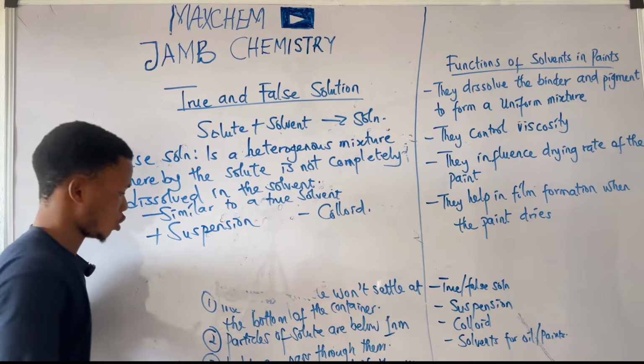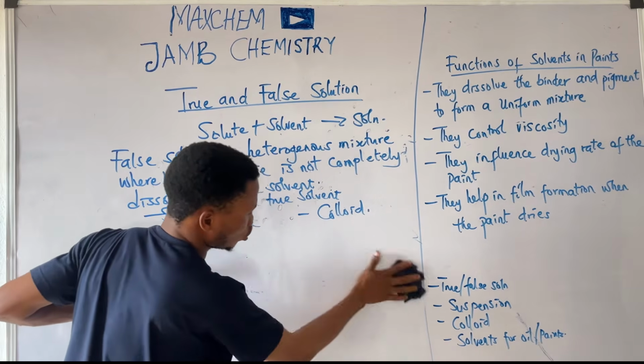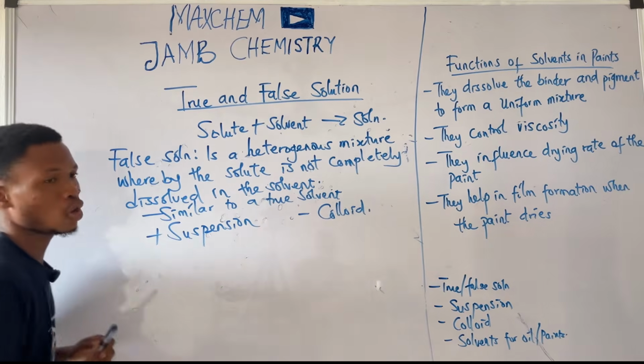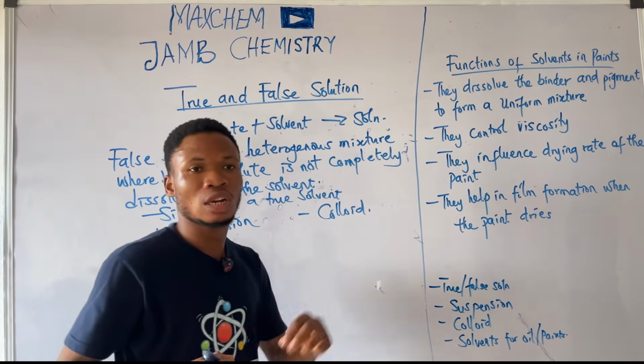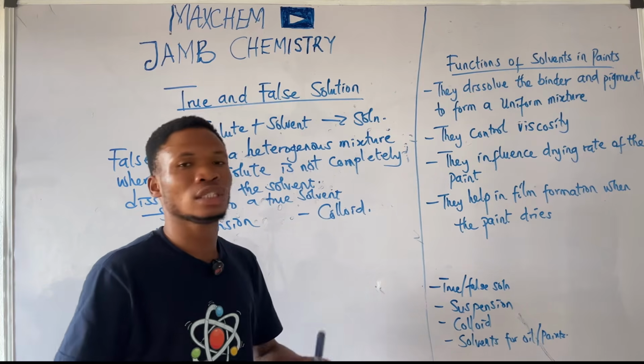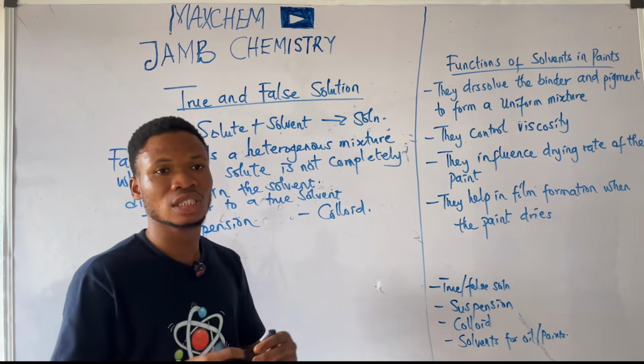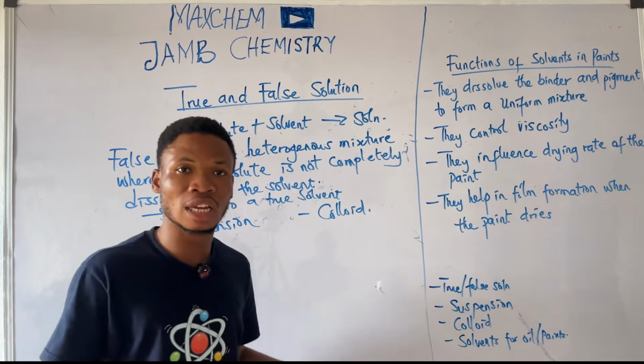So what is suspension? To understand this, let us take this example. When you put sand in water, what do you notice after you've mixed it? You notice that the sand particles will not totally mix with the water.